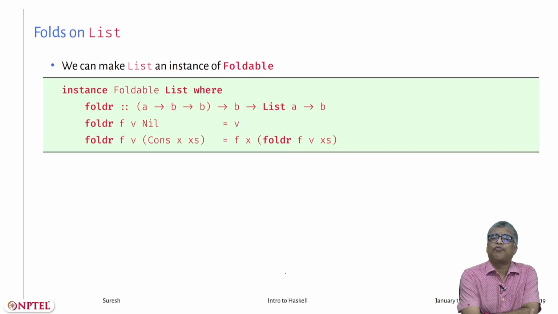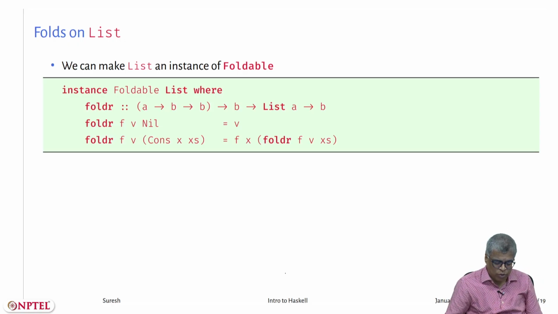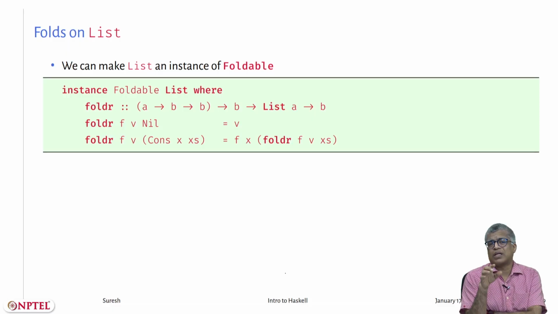But we had a fold for the built-in list. You can come up with a fold for your own list also, because if I go to GHCi and ask for certain types, it won't show lists, it will show foldable for certain things. Foldable is a type class.